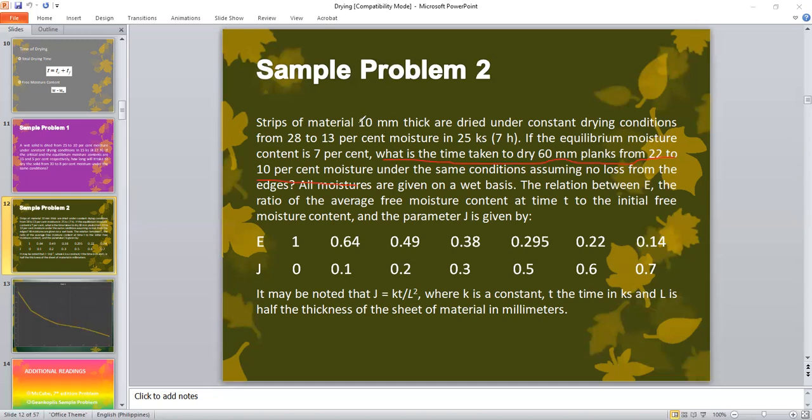But look, the thickness is just 10 and the moisture content is higher at 28, then decreased to 13%. This one is lesser, 22, and decreased to a much lesser content. So same material but different characteristics, in terms of geometric characteristics only, and the initial and final moisture contents for drying.